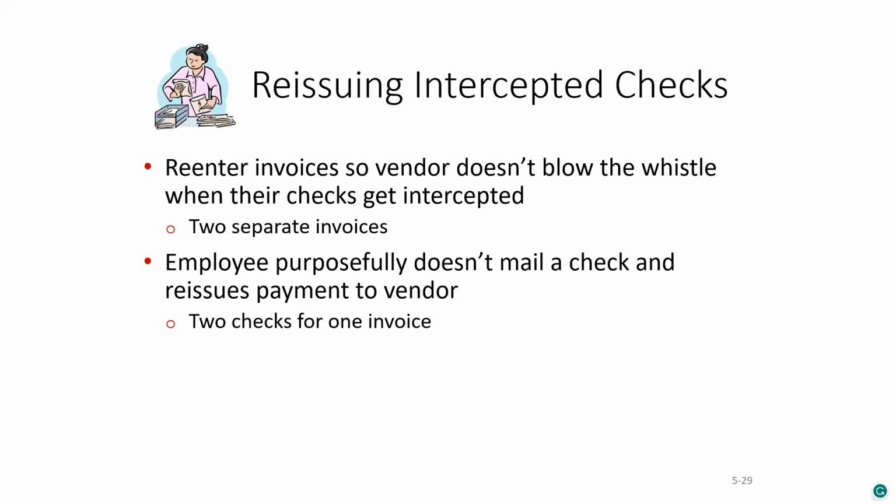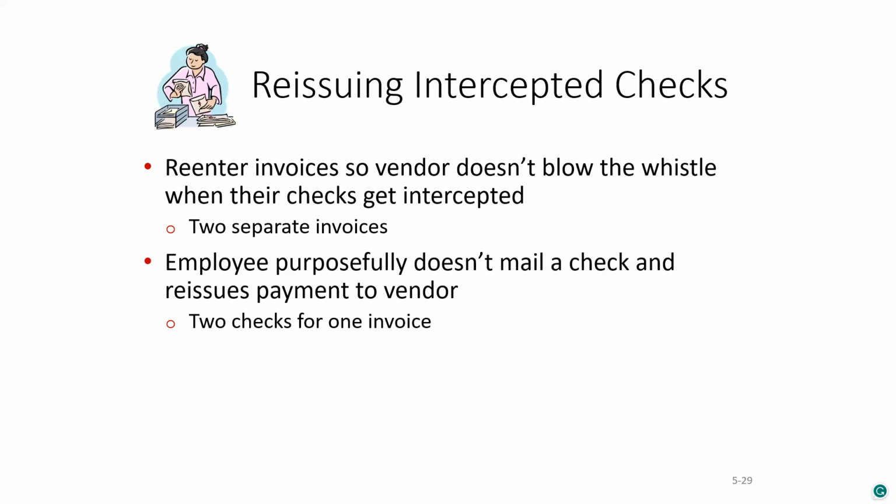Reissuing intercepted checks. So re-entering an invoice so the vendor doesn't blow the whistle. Ultimately, the vendor is going to want to get paid. If you're intercepting a check that's made out to the vendor, they're still going to want to get paid. So reissuing intercepted checks, having duplicate checks, is one way that we can do that.